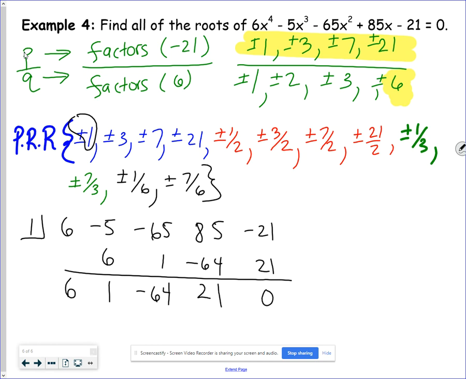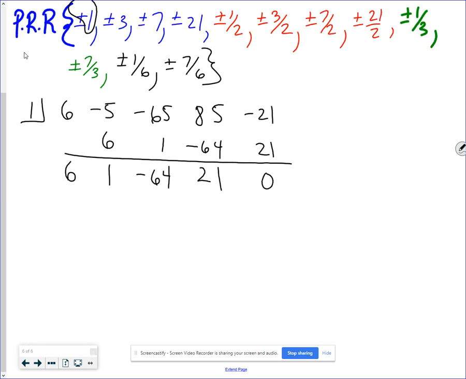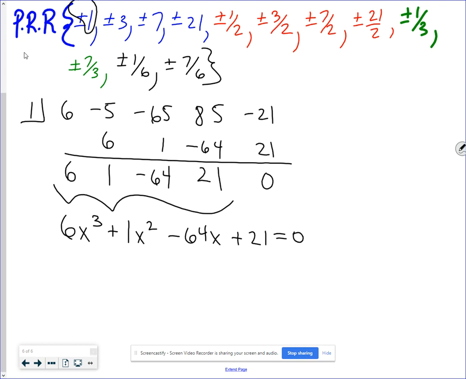But remember, we're trying to get it to a quadratic equation. What did we just turn it into? We just turned it into a cubic equation. So let's write our new cubic equation. So 6x cubed plus 1x squared minus 64x plus 21 equals 0.